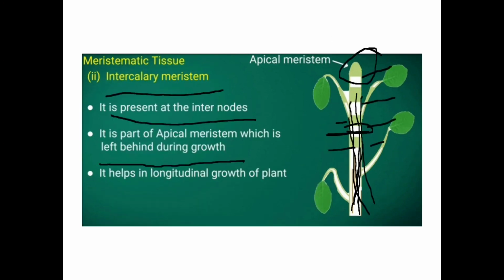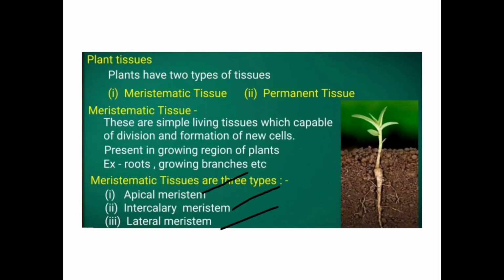So plant tissues are divided into two types: meristematic tissues and permanent tissues. Meristematic tissues have the ability to divide, while permanent tissues do not. Meristematic tissue is divided into three: apical meristem, intercalary meristem and lateral meristem.